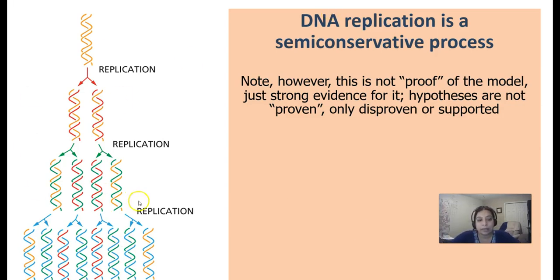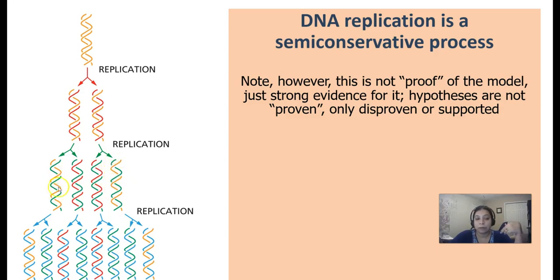So here is an example of what they were looking at. So they had the first set of replication where this is the original bacteria. It was all heavy. The first set of replication where both contained one heavy and one light, which is why you got a single band. In the second round, you only had two heavy strands left, and then all four had one new strand and one of the strands from the first generation, which were also light.